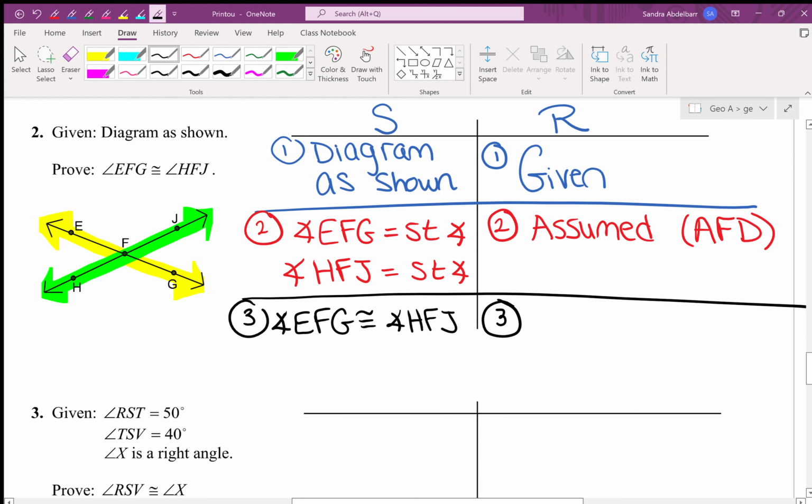What is the reason now that we can say that these two straight angles are congruent? Sophie? Excellent. If two angles are straight angles, then they are congruent.